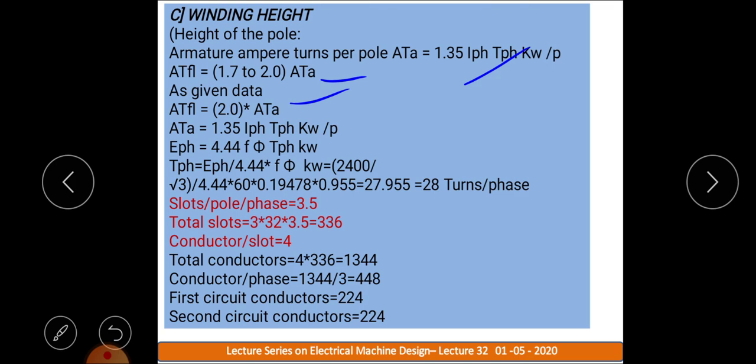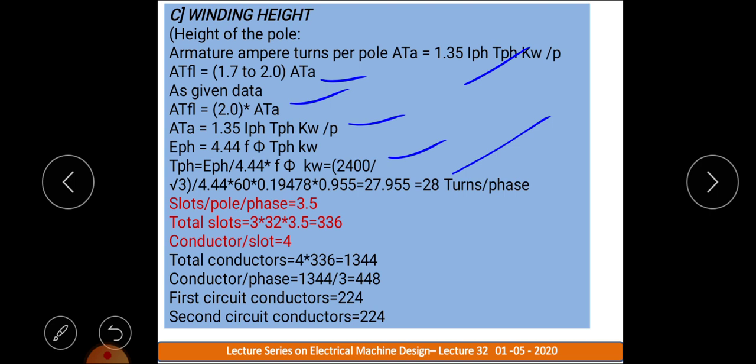So now we are going to calculate the required parameters to identify ATA. For that, the equation for turns is TPH equal to EPH divided by 4.44 F by kW. By substituting, we are going to calculate TPH equal to 28 turns per phase.